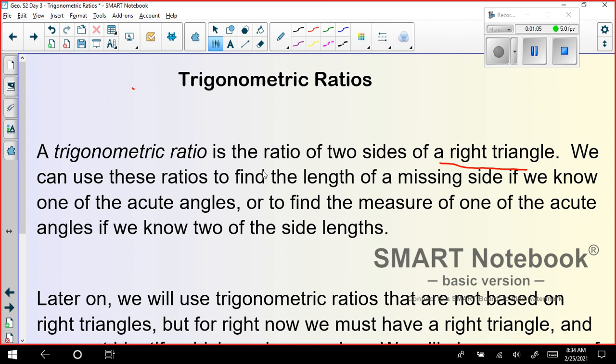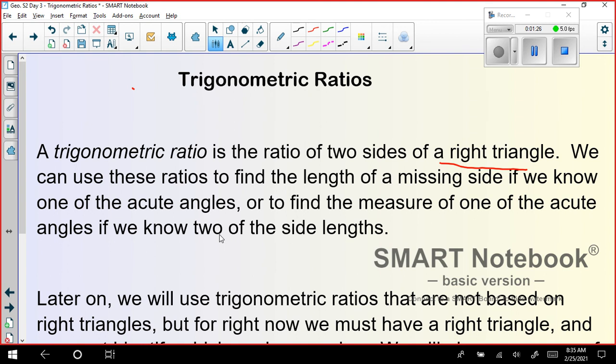So a trigonometric ratio is the ratio of two sides of a right triangle. We can use these ratios to find the length of a missing side if we know one of the acute angles, or to find the measure of one of the acute angles if we know two of the side lengths.